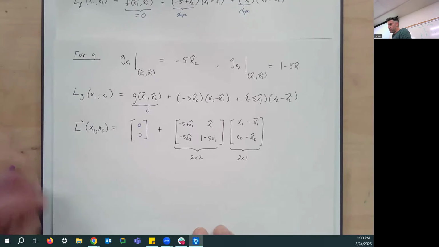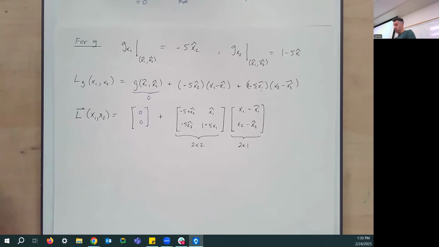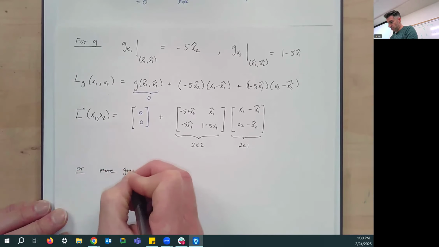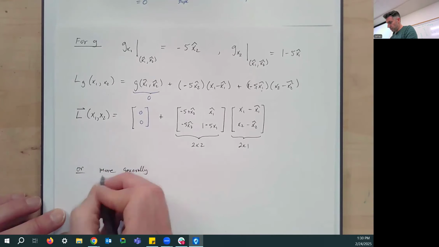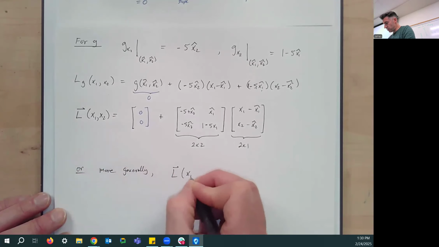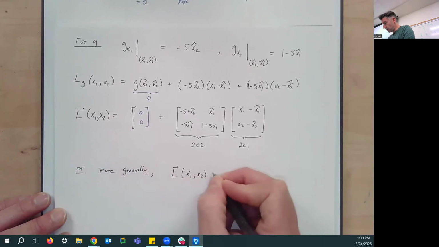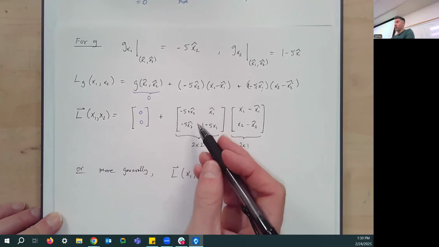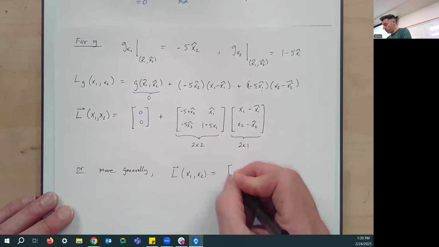Or more generally, the linearization is equal to this 2 by 2 matrix, which is called the Jacobian. It's the matrix of partial derivatives.